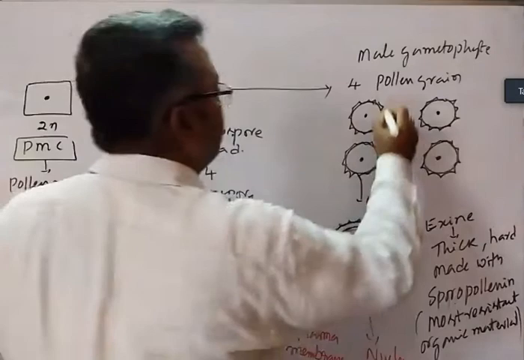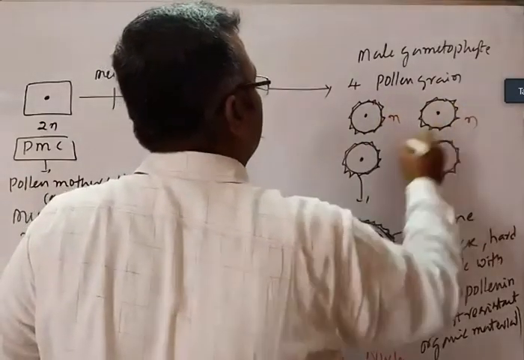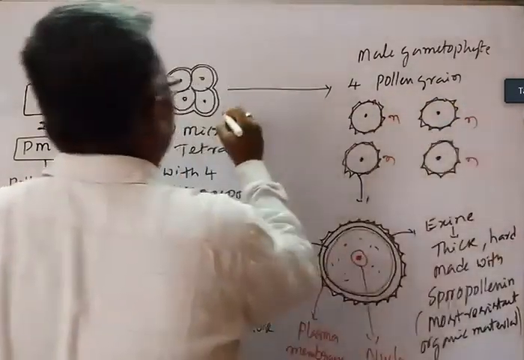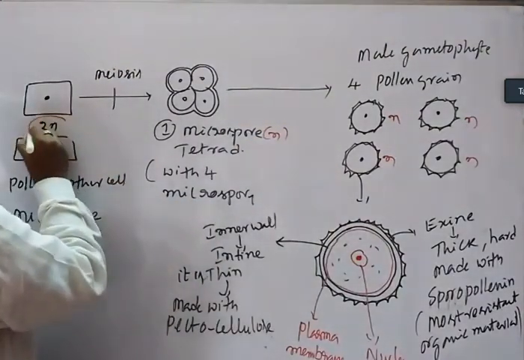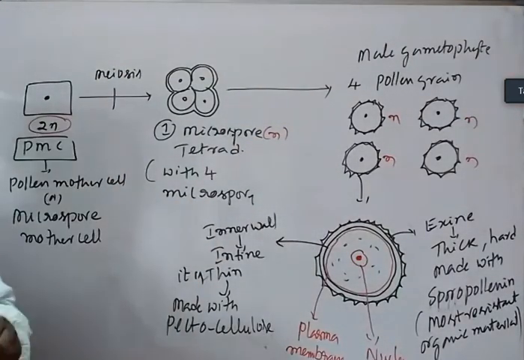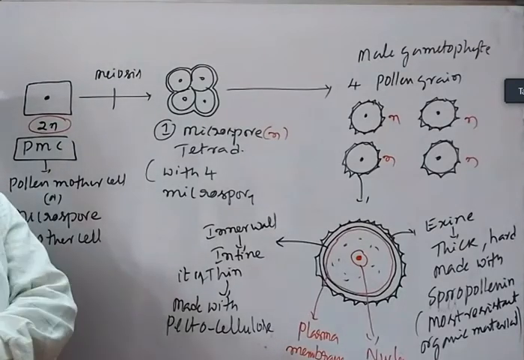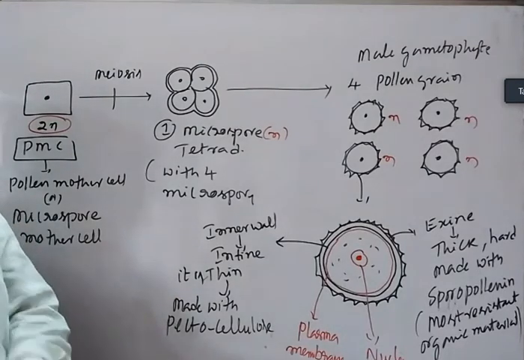Now this is a haploid pollen grain. This is also haploid, but this is diploid. This is what you can see with respect to the structure of pollen grain.